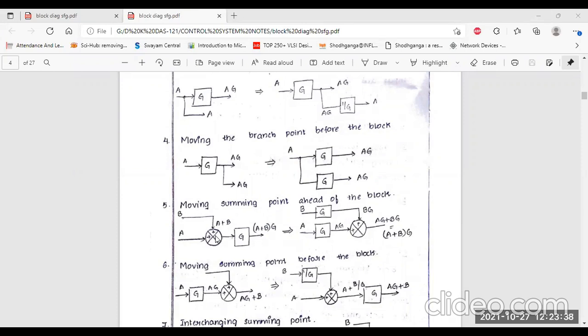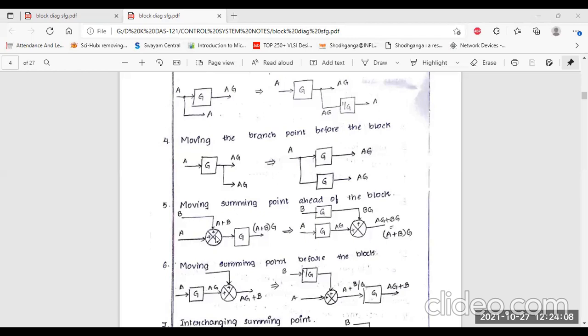I covered this part previously. What is a summing point? Anyone please tell me. No one. What is a summing point? I mean, we are teaching you and you are not paying attention. A short while ago I asked what is a branch, what is a block, what is a summing point.